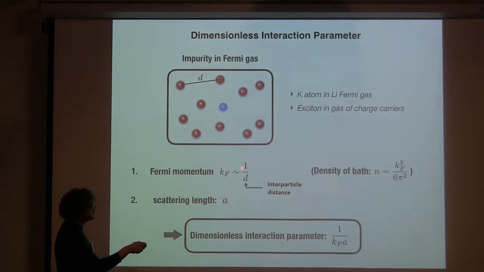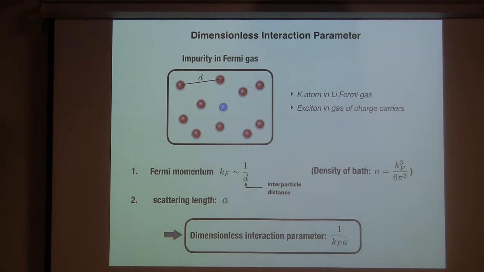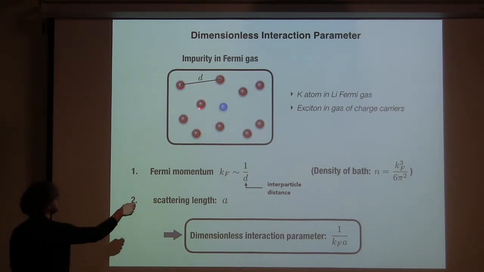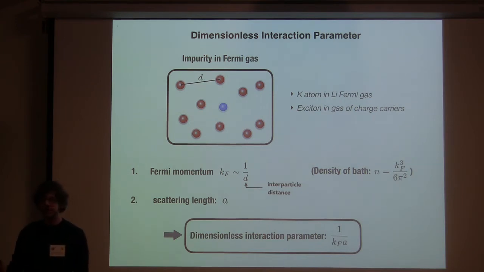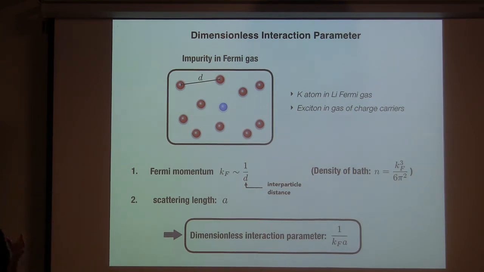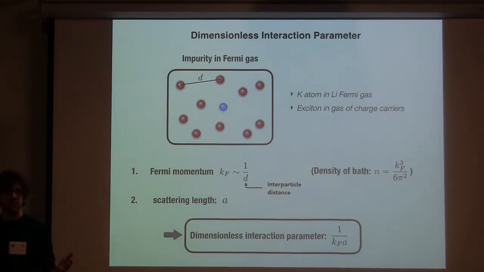But kF is also related to the interparticle distance between two fermions in the gas, the average interparticle distance. And we want to compare this interparticle distance to the scattering length between the fermions and the impurity. You will remember that the scattering wave function, outside of the potential, got shifted towards the potential by an amount which was the scattering length.